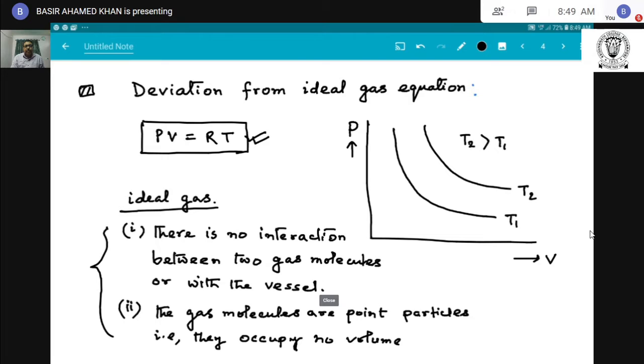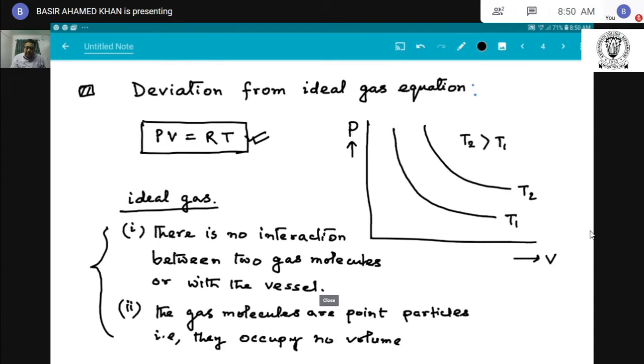And next point, in ideal gas there is no interaction between two gas molecules, but for real gas there is an attractive or repulsive force between two gas molecules or with the wall of the vessel of the gaseous system. So the ideal gas equation and the real gas equation will be different. These are the deviations of real gas from the ideal gas equation.